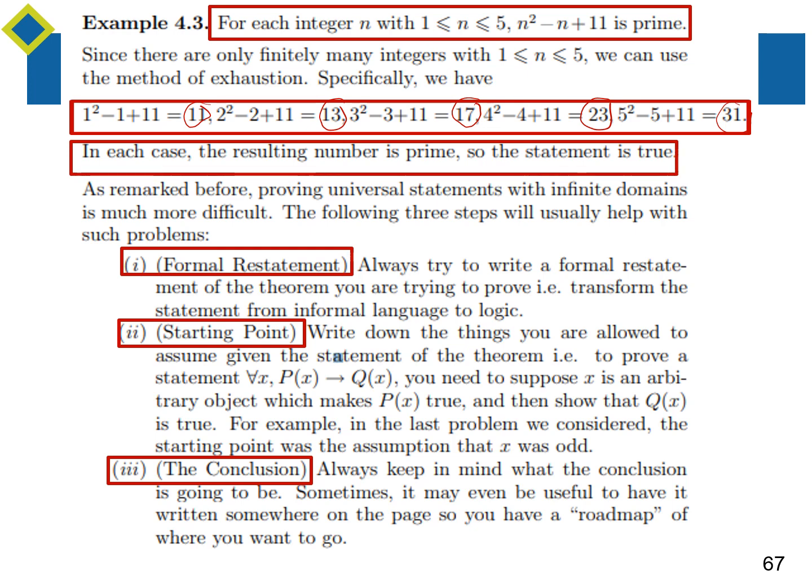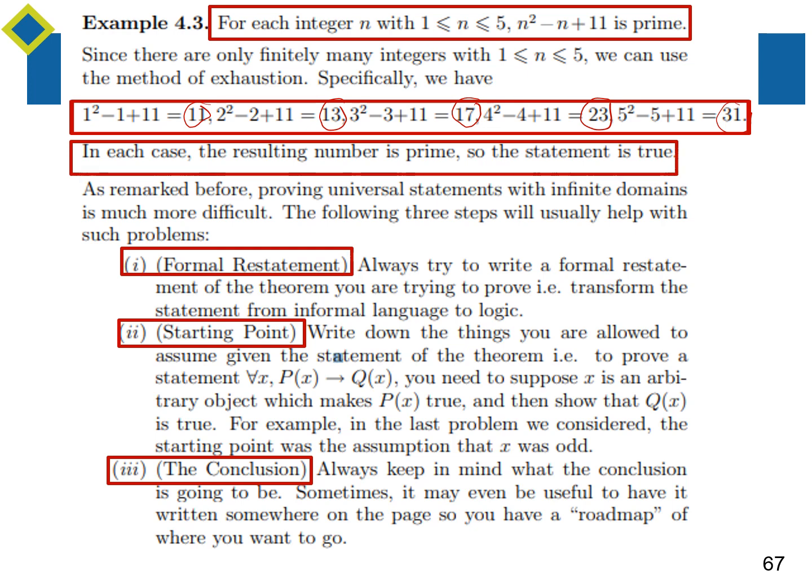Okay, so if we follow the 3 steps, first, the formal restatement. Always try to write a formal restatement of the theorem you are trying to prove. We must transform the statement from informal language to logic. Then the starting point: write down the things you are allowed to assume given the statement of the theorem.